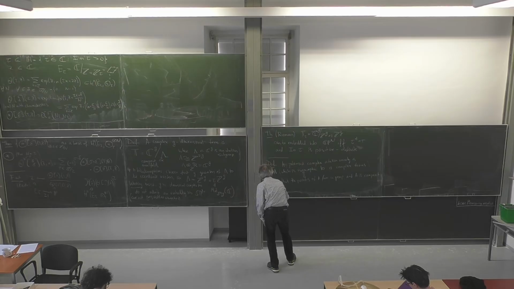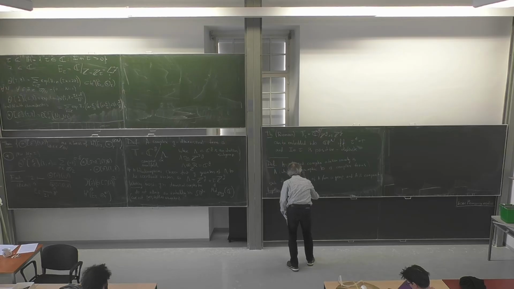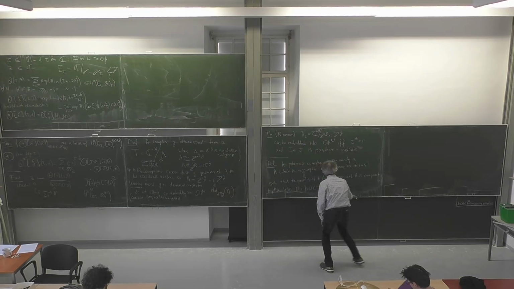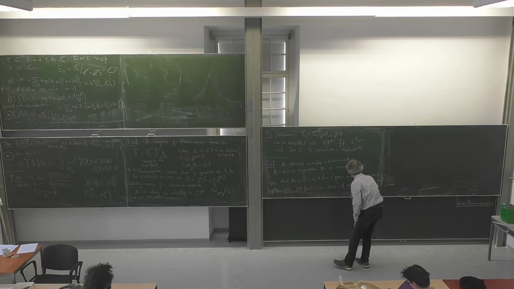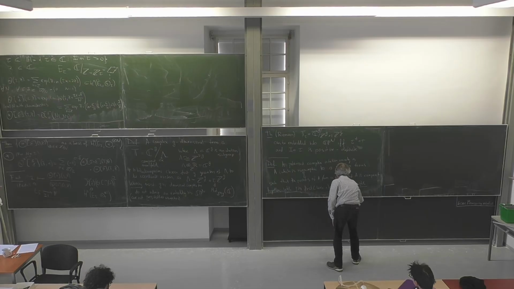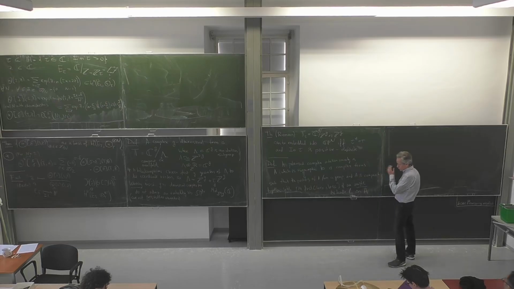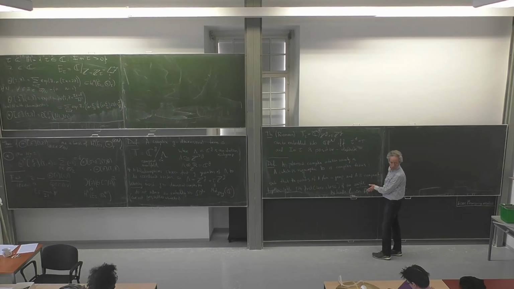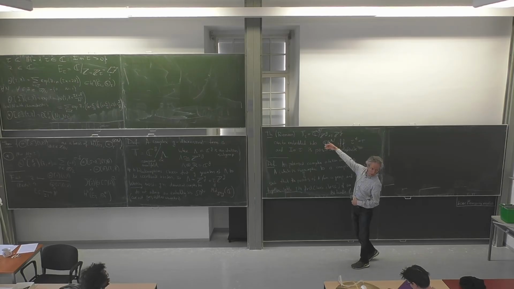Together with, I'll write here the first Chern class, but I encourage you to ignore these words for the time being, of an ample line bundle L on A. Okay. So an abelian variety is a complex torus together with an ample line bundle L. I'll tell you in a second what an ample line bundle is. The existence of this ample line bundle is equivalent to being embeddable in a complex projective space.